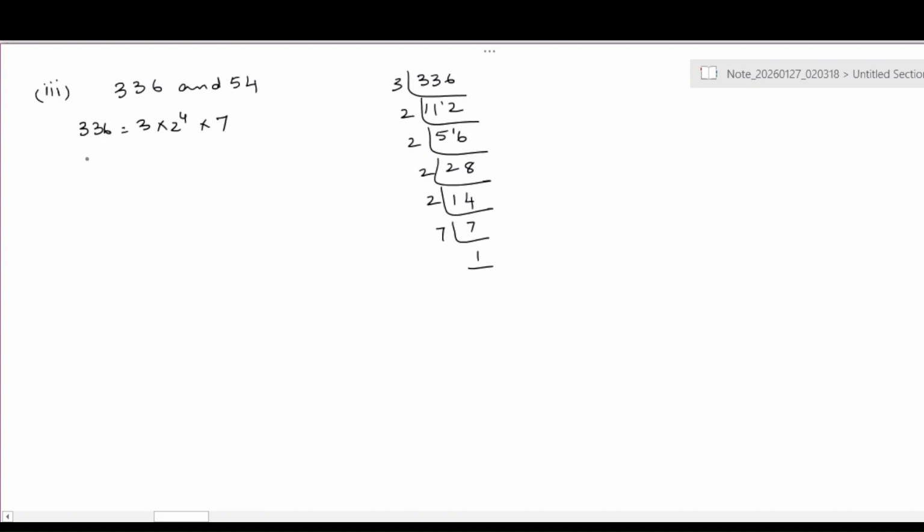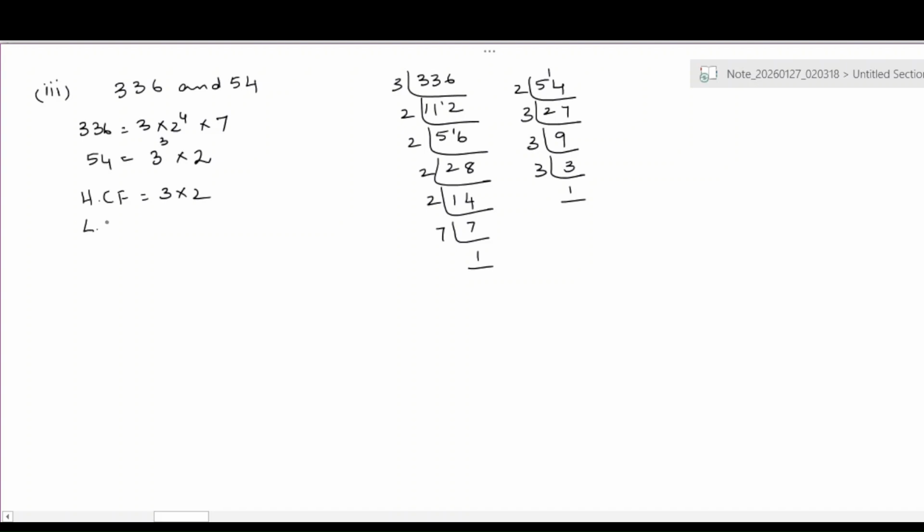Okay. Now 54. 54 will be, it's an even number. So 2 times 27, 3 times 9, 3, 3, 1. So it will be 3 cube into 2. Now first we will write HCF. HCF will be 3 once and 2 once.